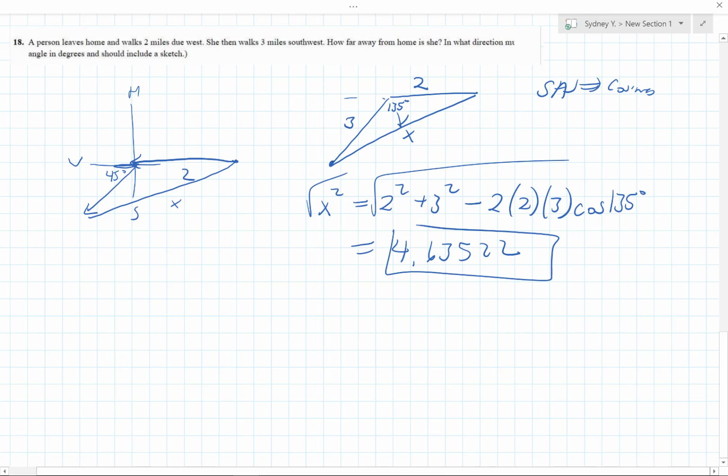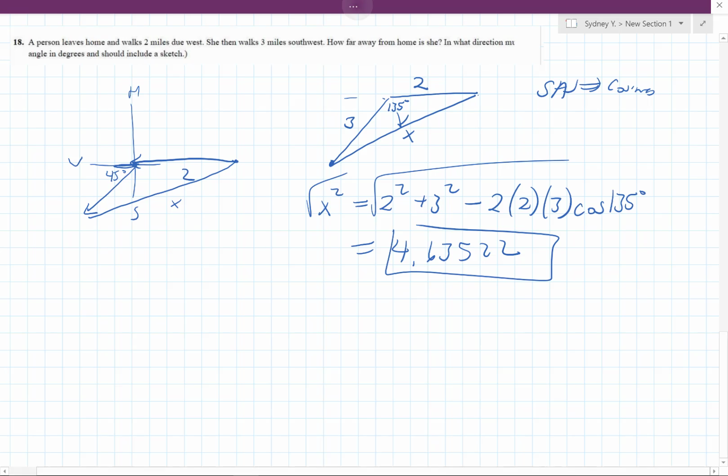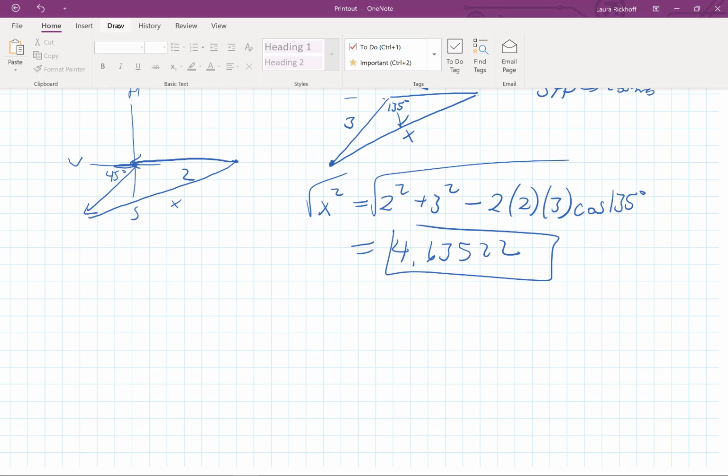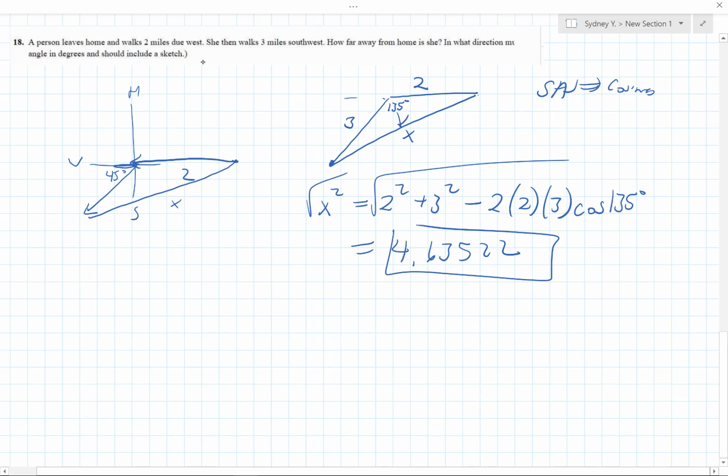And then here she is. They want to know in what direction she must travel to get back home. So I want to know a couple of angles. I want to know this angle, because the direction, here she is, she's got to get back here, traveling in that direction.